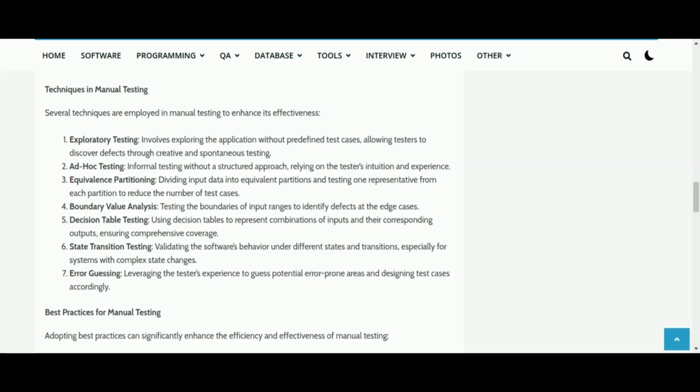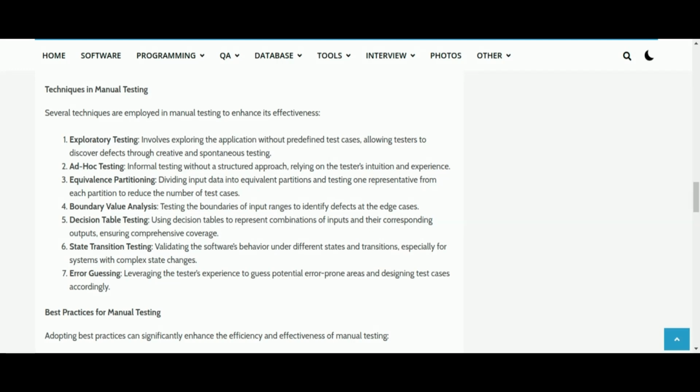Those errors can be defects when developers implement the software. So an experienced tester guesses these potential error-prone areas, designing test cases accordingly.